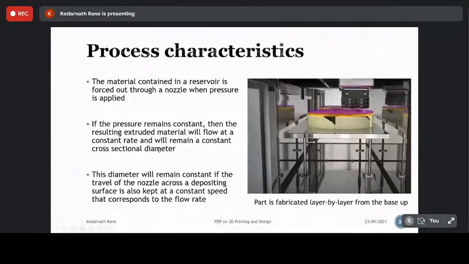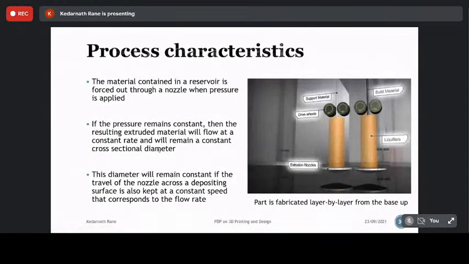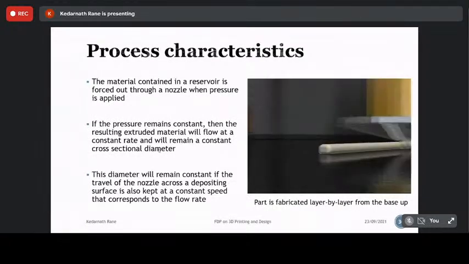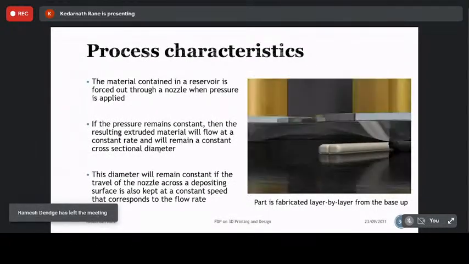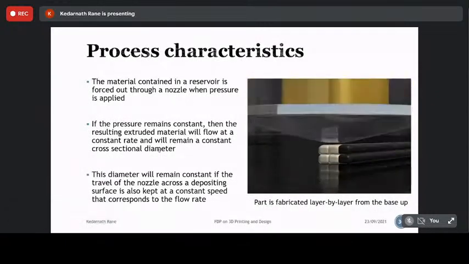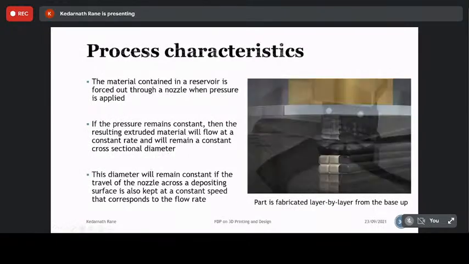The diameter of the nozzle is again important, because the diameter and the extrusion speed ultimately result in the shear rate, and shear rate is important for the processing of semi-solid material, as it influences the viscosity of the material. So that's why we need to consider the pressure requirement.